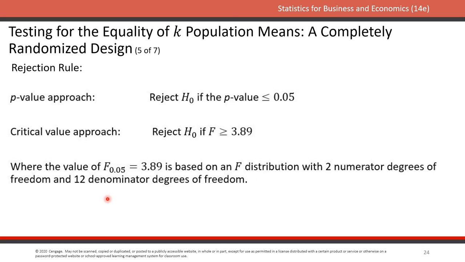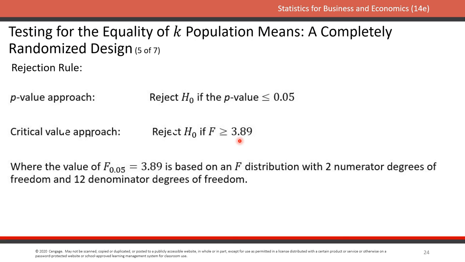We hunt that down in our F distribution with our type 1 error rate, in this case 0.05, and that gives us 3.89. That's our cutoff. If our test statistic is bigger than 3.89, we reject the null hypothesis, and if it's not, we fail to reject. That is, we don't have enough evidence to conclude that there's a difference.